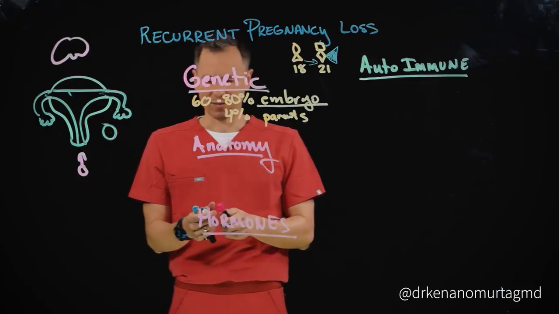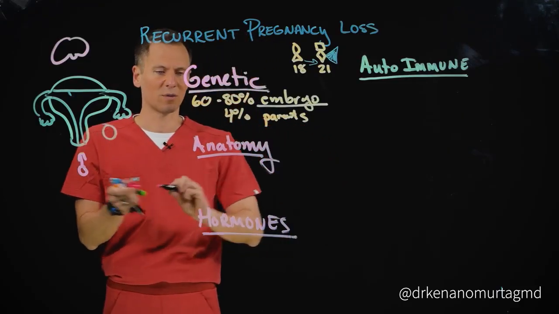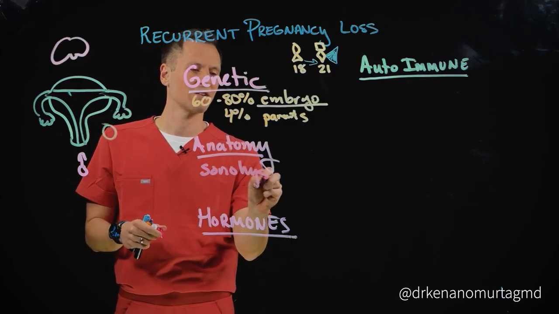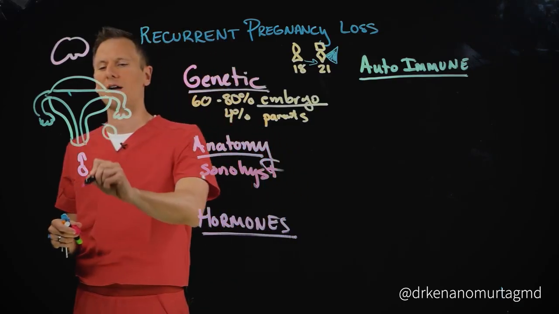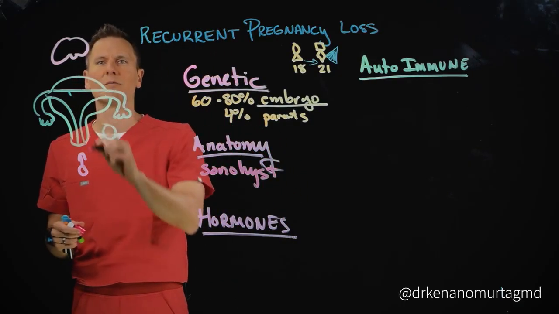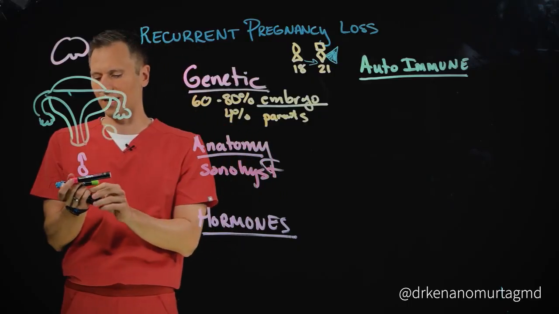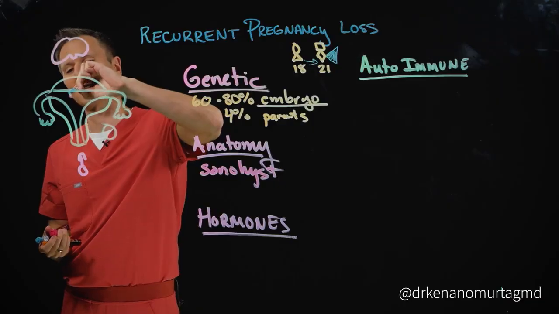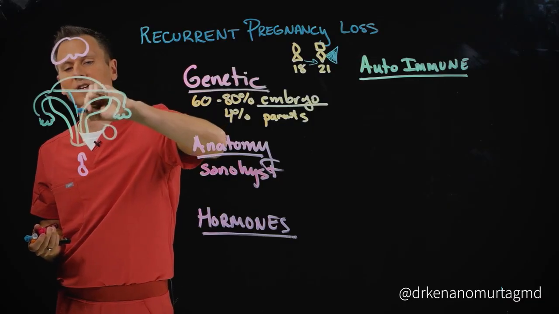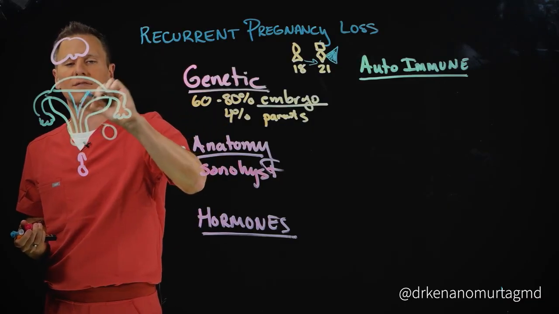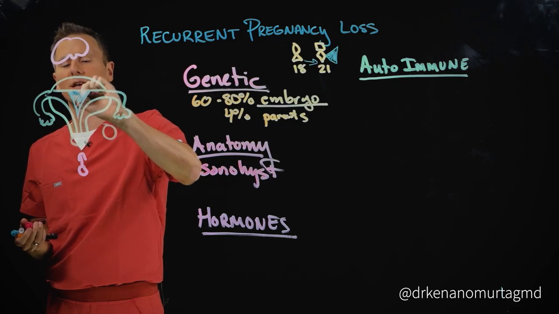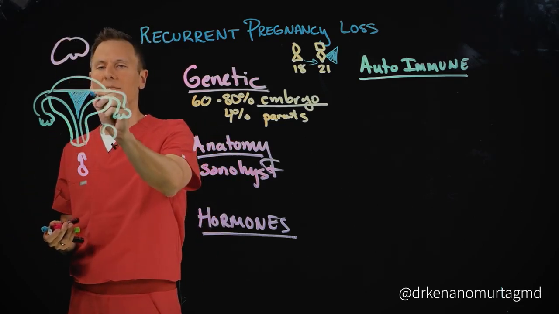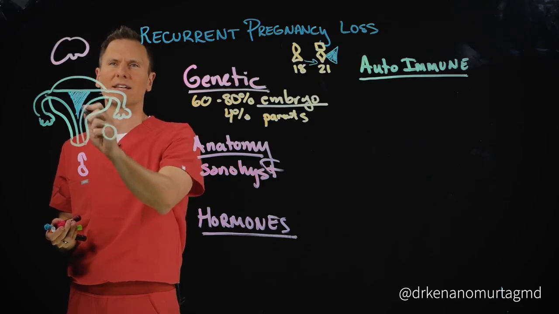Then we move to anatomy. In the case of the anatomy, we like to do what's called a sonohysterography. This is a special kind of ultrasound where we put fluid into the uterine cavity, and we are looking at the configuration of the uterine cavity. Specifically, we're looking for a septate uterus. A septate uterus is a dividing membrane that divides the cavity in half.